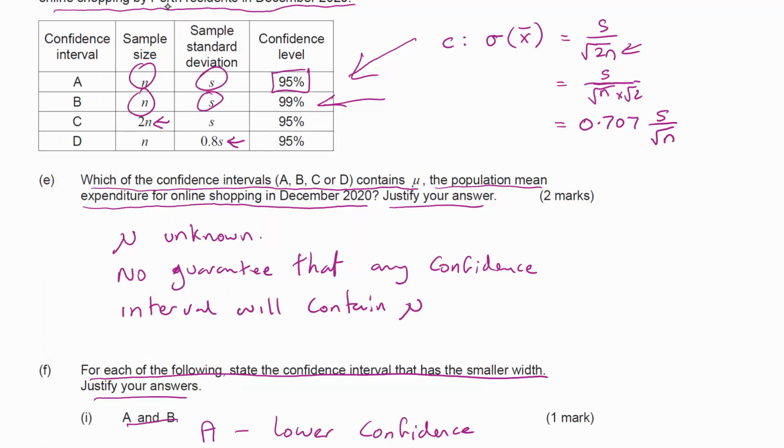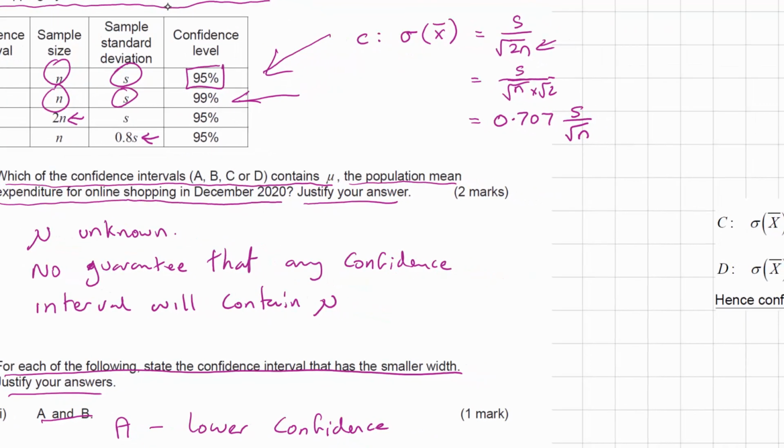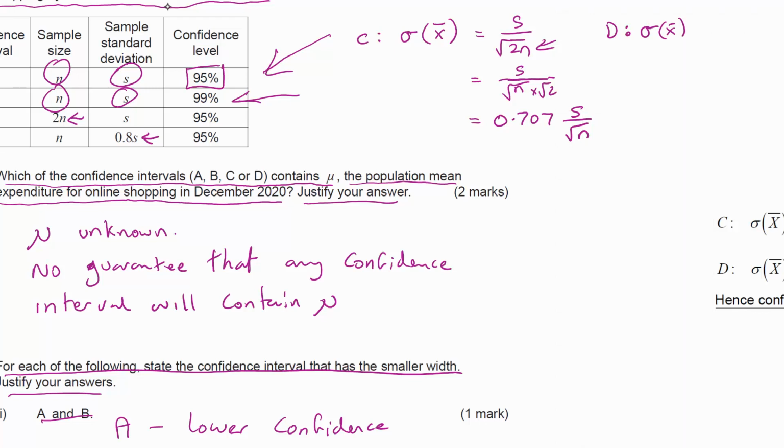Now if I do the same sort of calculation for D, that is going to be 0.8 S over root n. And so we can see that C is smaller just because 0.707 is less than 0.8. So the answer is C.